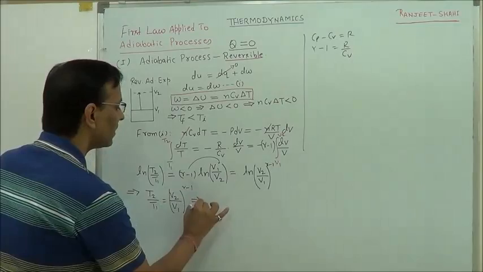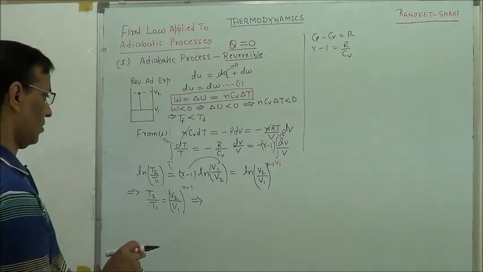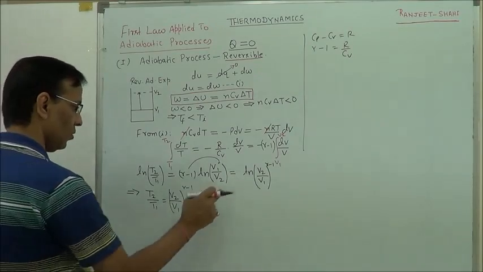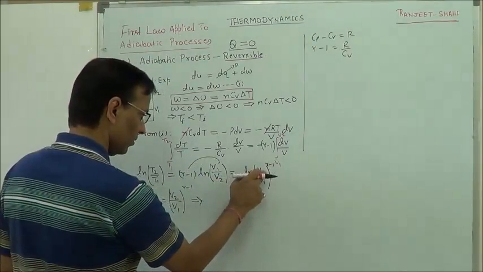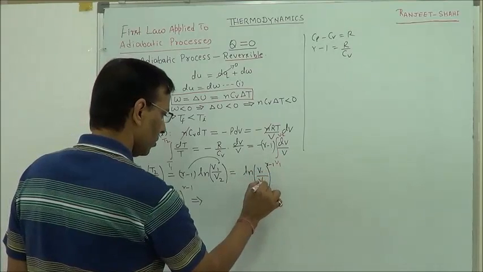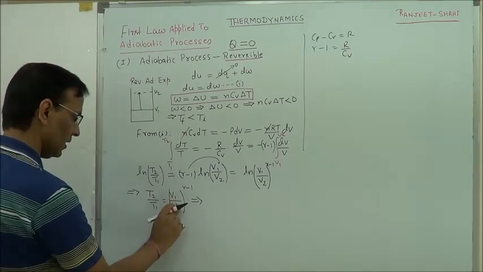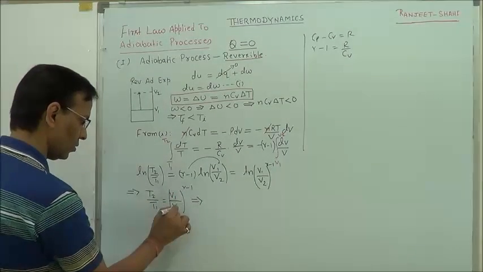So it can be generalized as V1 upon V2. So it is not V2, V1 upon V2.